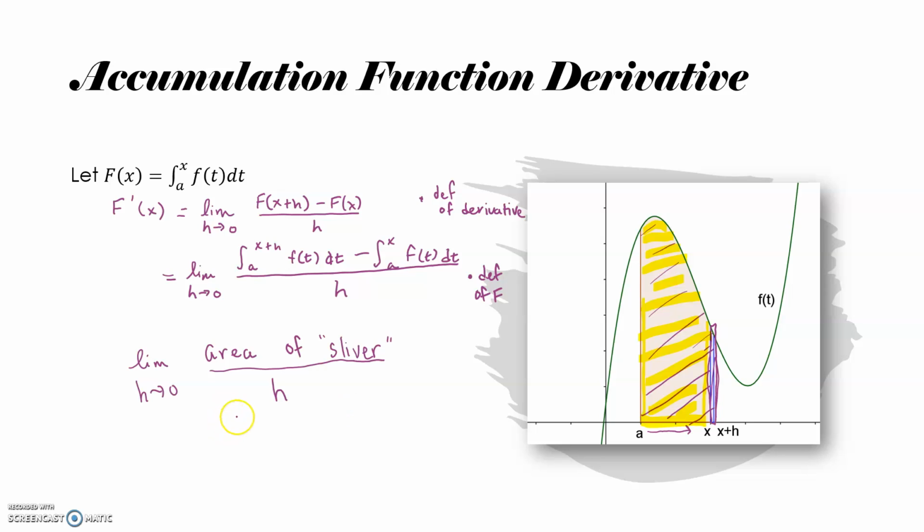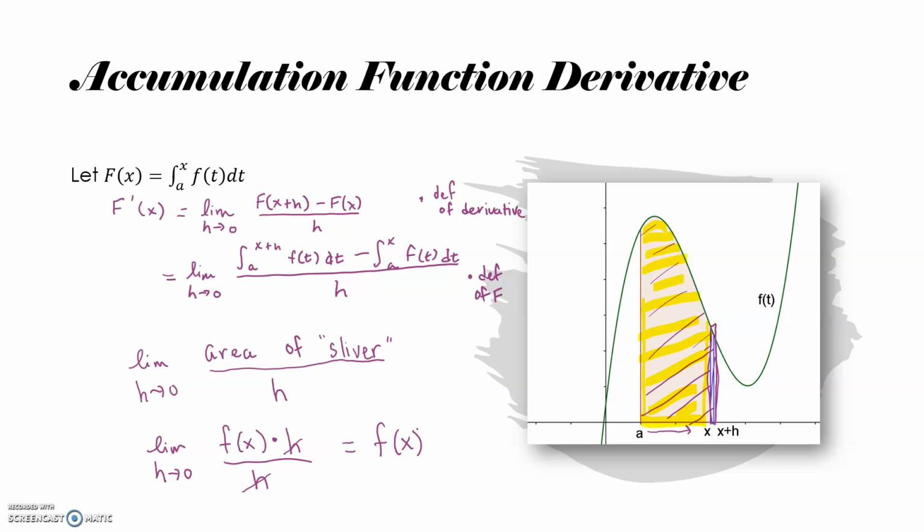So the area of the little tiny sliver would be f of x times the width of the little tiny sliver, which is h. You see where I'm going with this? These h's are going to cancel. And so we're left with f of x.